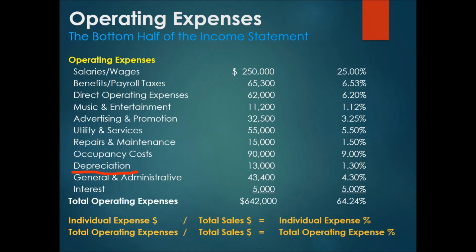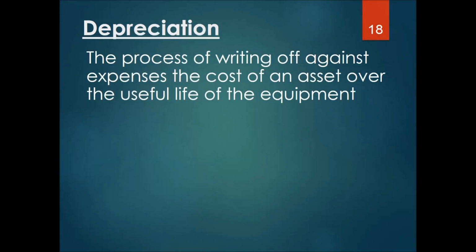Now down here, we have kind of a unique thing called depreciation. You may not have heard of that before. But depreciation, as I'll explain here on this next screen, is the process of writing off against expenses the cost of an asset over the useful life of that asset or that piece of equipment.